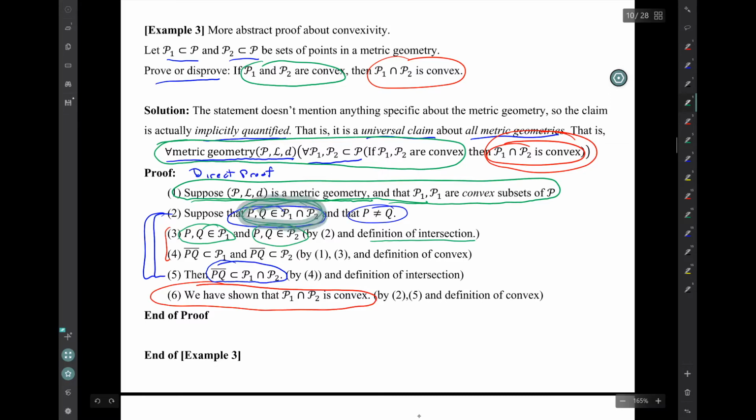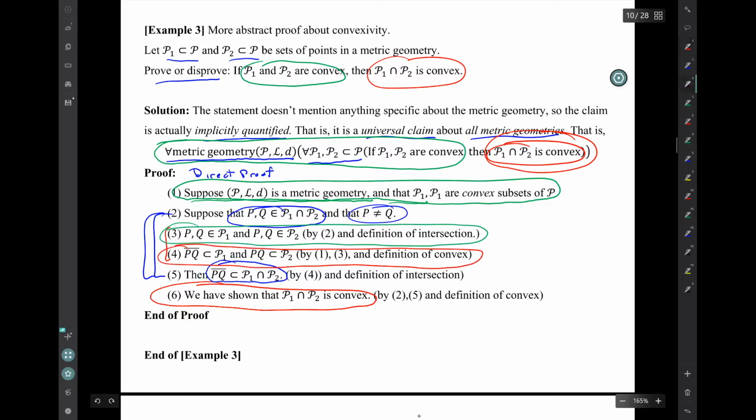Now let's look ahead. We want to get to this. We want to say that this segment is a subset of the intersection. Well, to get there, we have to show that the segment is a subset of P1 and the segment is a subset of P2. So we have no choice about this statement having to be there, and we have no choice about this statement having to be there.